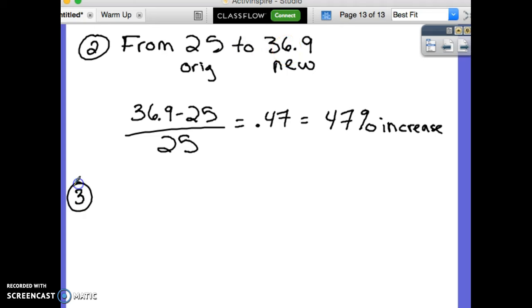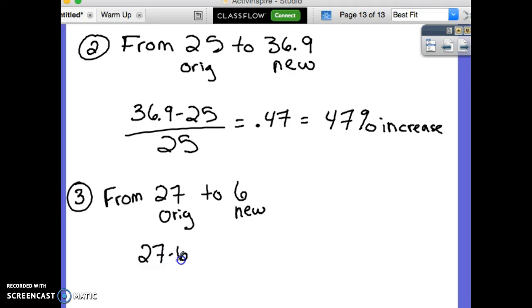Okay, number 3. Number 3 says from 27 to 6. So we started much higher and we went down to 6. So we're going to get a decrease. So I'm going to subtract 27 minus 6 divided by 27.